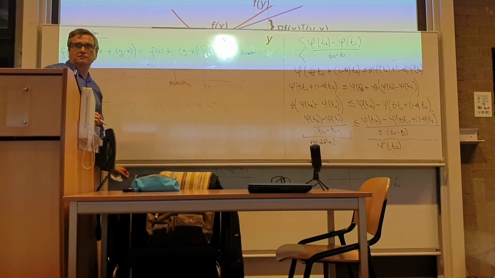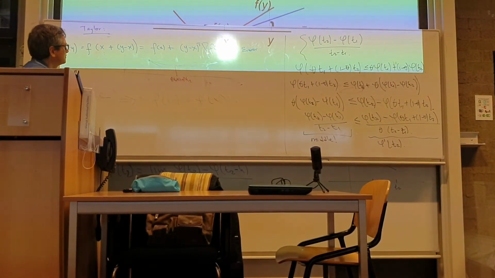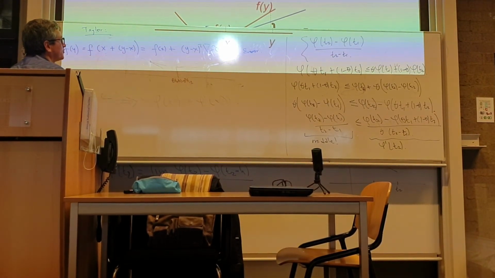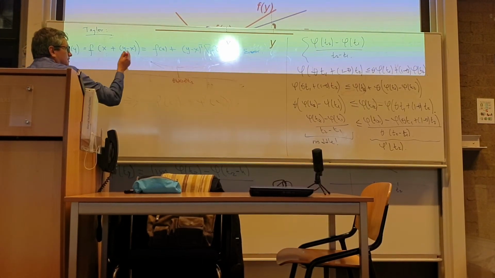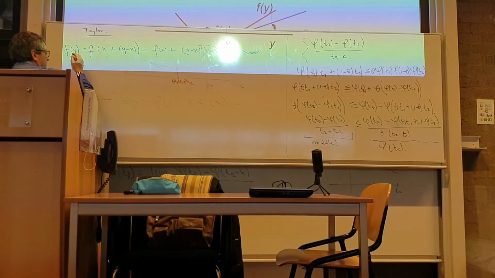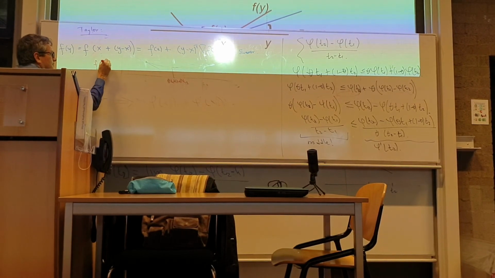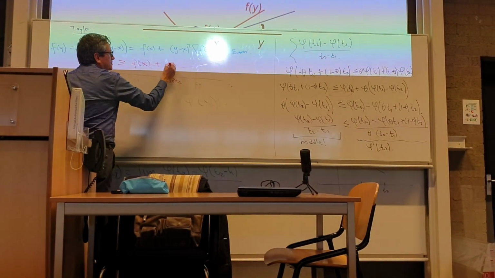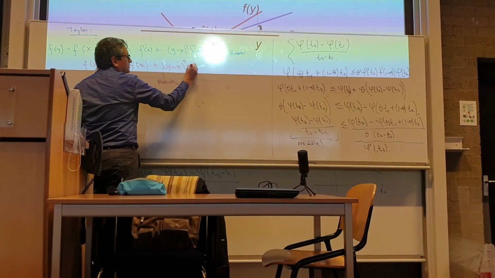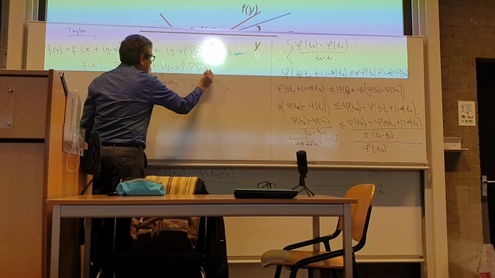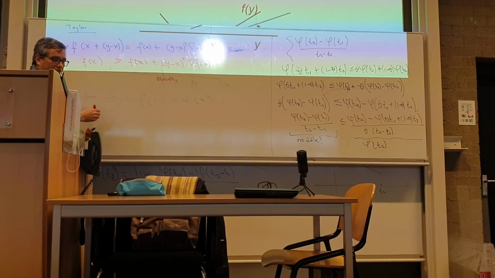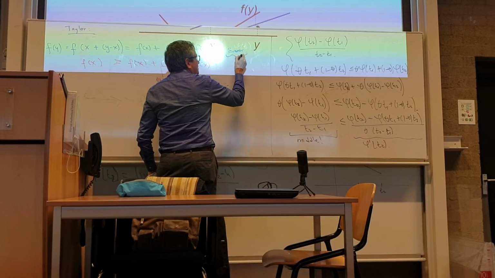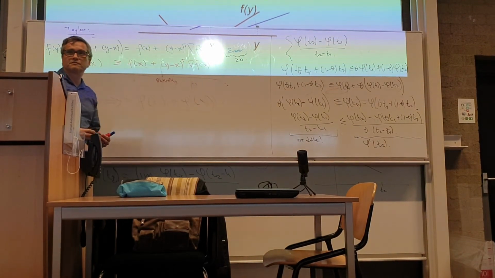That's the quadratic error. Now, what this is saying is that for a convex function, f of y is always greater or equal than f of x plus y minus x transpose gradient of f at x. So this error here is greater or equal than 0 for a convex function.